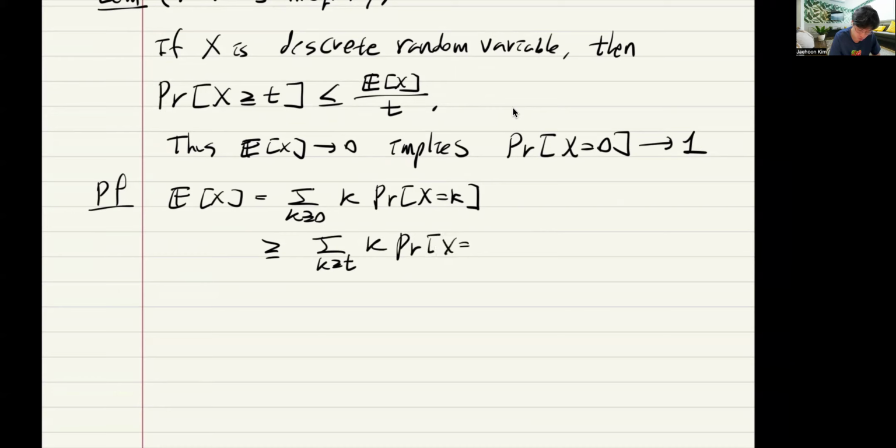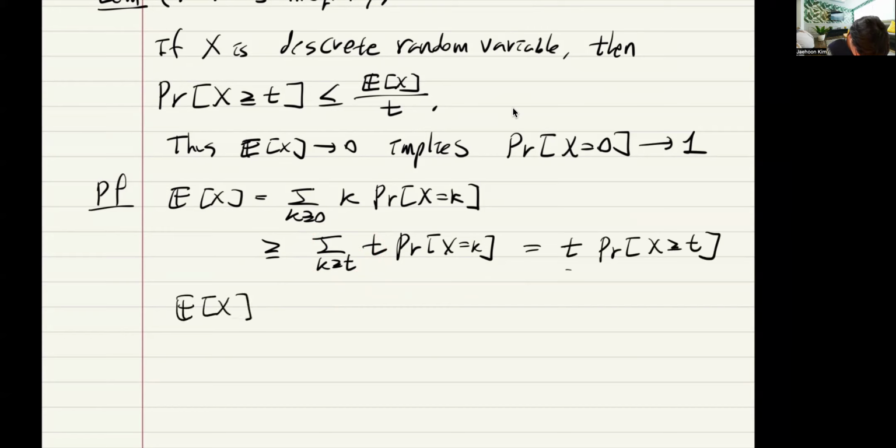So you didn't do anything, you just deleted the terms, and then you decrease k to t. All the terms here had k actually bigger than t, so we replace k with t, so this is smaller. This is t times the probability that X is at least t. So you get what you want.